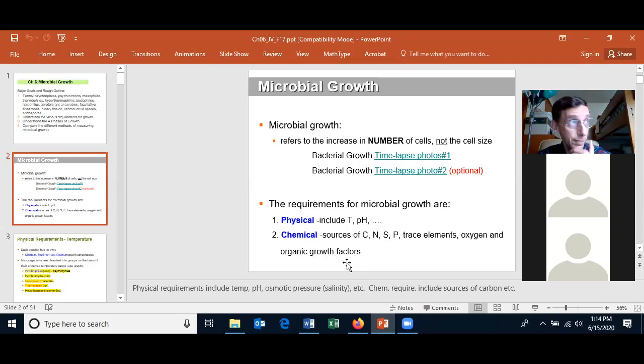If we were to grow something like Neisseria gonorrhoeae, that would have organic growth factors that are required. But E. coli can survive with just the beef extracts that are included in the media. Any question about any of that?